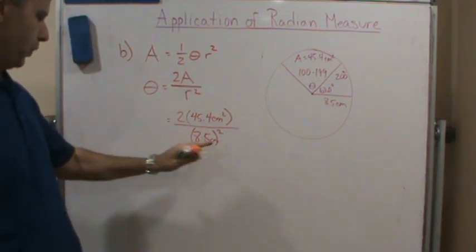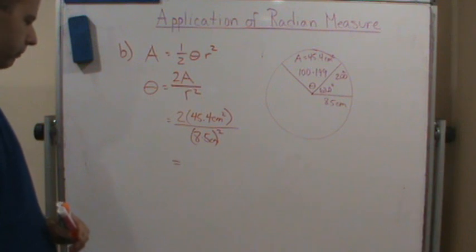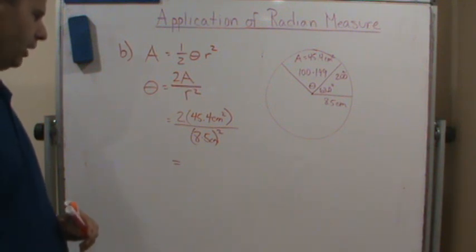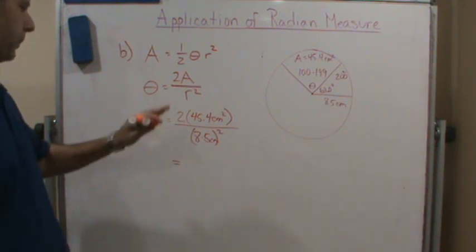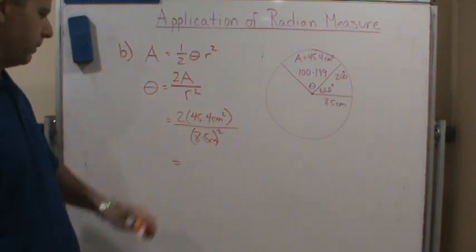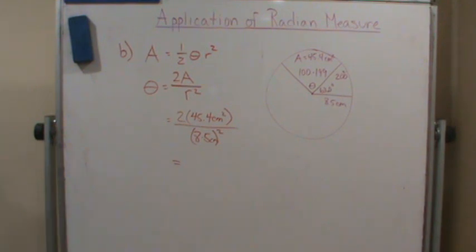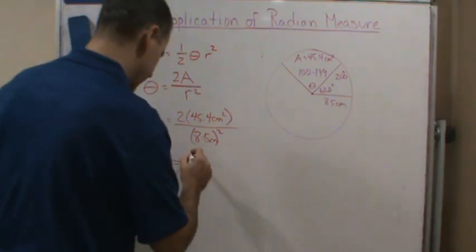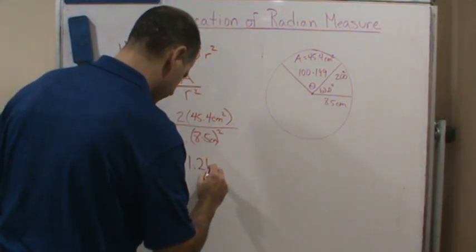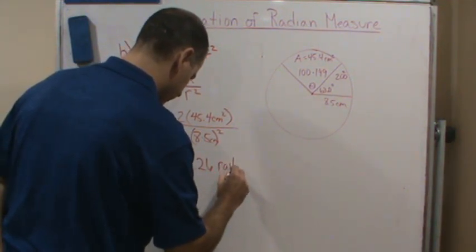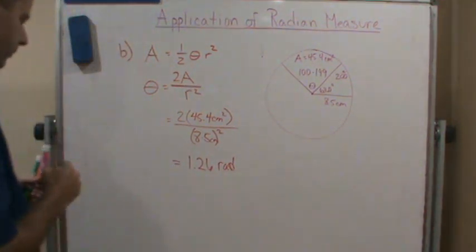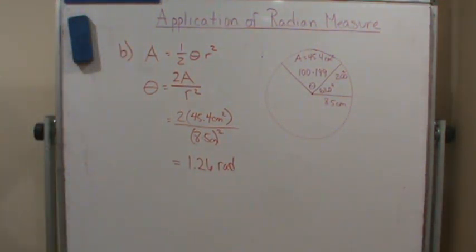So that should be 72.25. We get 90.8 divided by 72.25, and of course, if you stick this in your calculator, you will get approximately 1.26 radians. Okay, that's it. Have a great day.